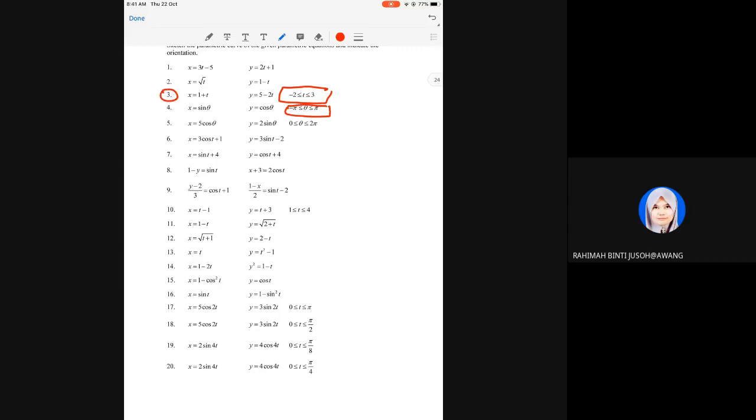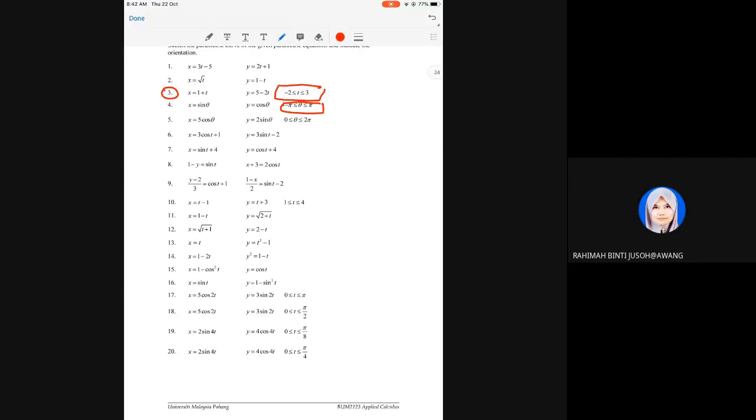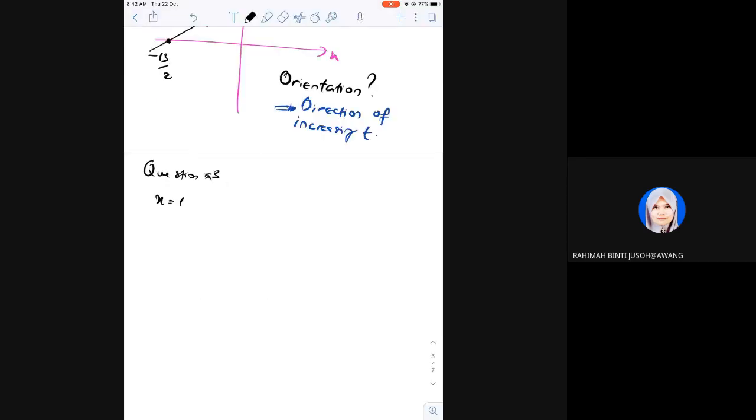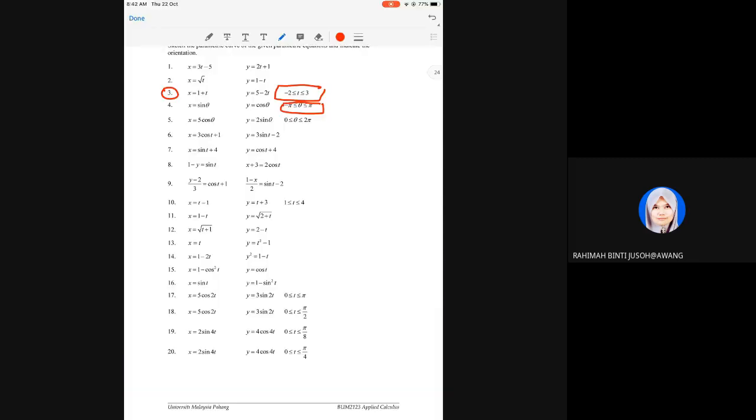Okay, question number 3. X equals to 1 plus t, and then y equals to 5 minus 2t.